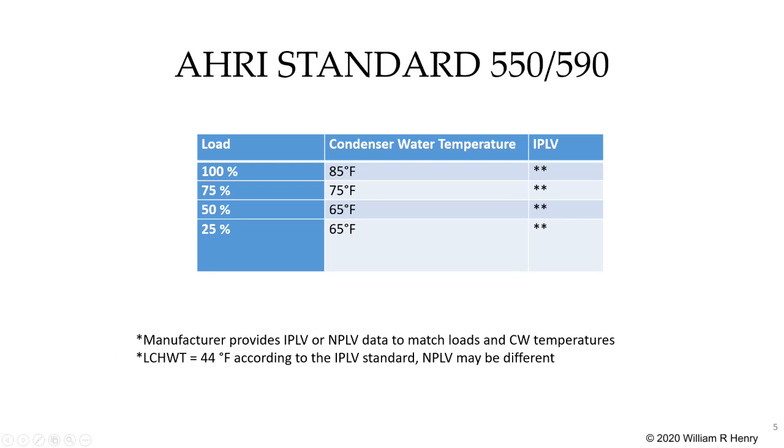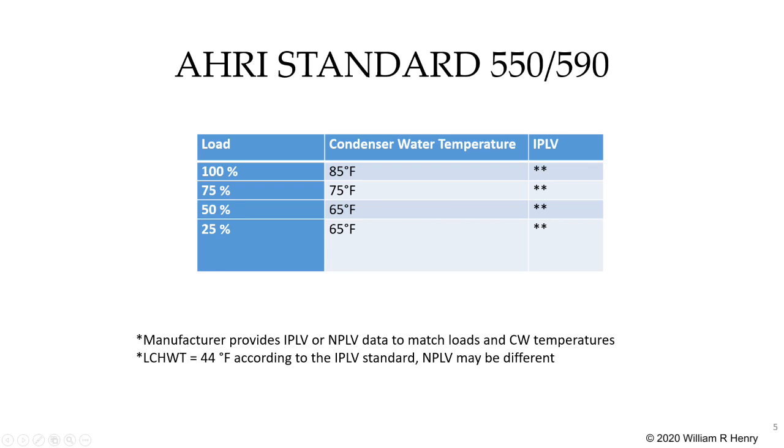So these operating points are acceptable for any chiller that is guaranteed to meet these code requirements. I want to note that the leaving chilled water temperature for this criteria is 44 degrees Fahrenheit. And a bit later, I'll show you the conservative nature of this profile.